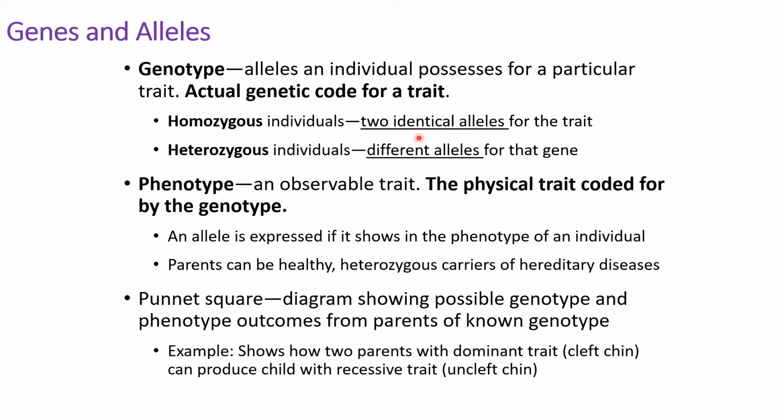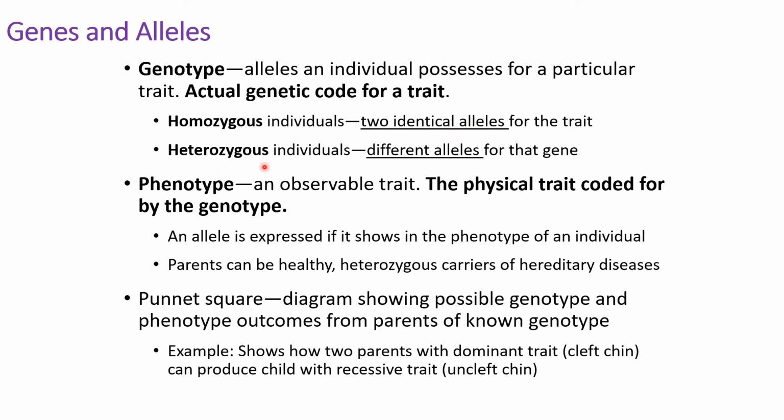Let's say mom has the allele for brown eyes on one chromatid, and she has the allele for brown eyes on her second chromatid. So she has two identical alleles, both for brown eyes. That means she is homozygous for that trait or that allele.